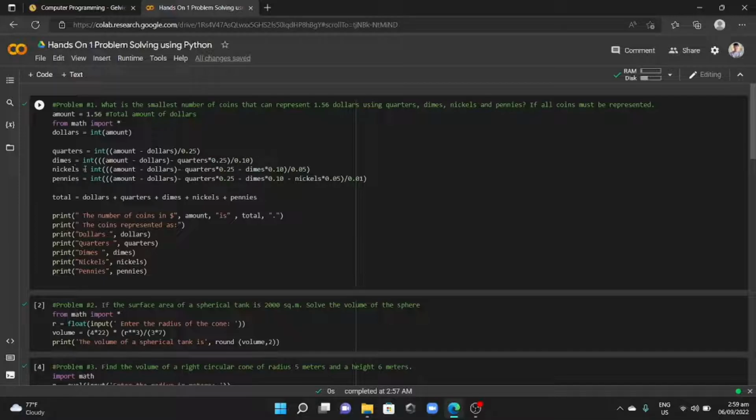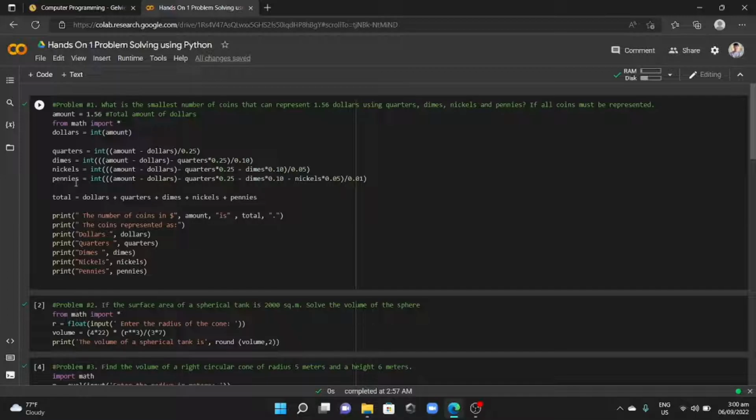For the nickels, we have int((amount of dollars minus the quarters, which is 0.25, minus dimes, which is 0.10) / 0.05). For the pennies, we have int((amount of dollars minus quarters, which is 0.25, minus dimes, which is 0.10, and minus nickels, which is 0.05) / 0.01).